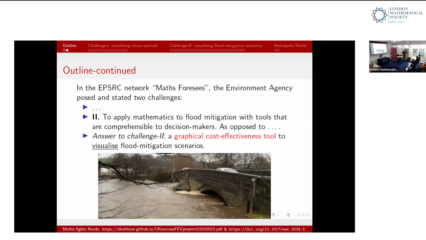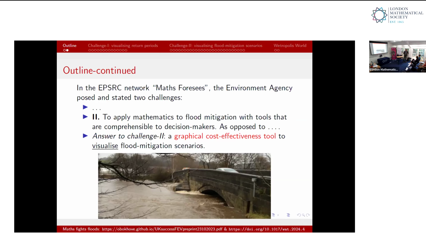The second challenge wasn't so much posed as it was a remark, which I somehow picked up in my brain. One person from the Environment Agency, so it doesn't reflect the Environment Agency, said, you mathematicians solve these partial differential equations and ordinary differential equations, existence and uniqueness sometimes. That's so difficult.